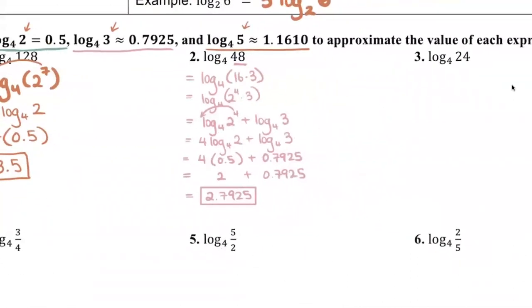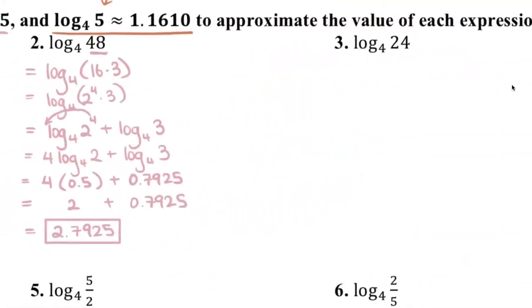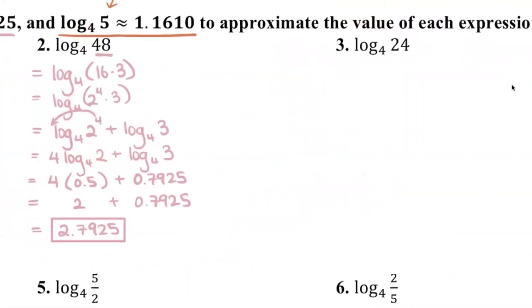Okay, let me go ahead and do number 3. All right, so number 3, I'm trying to get 24. All right, so I need to get 24 using the numbers 2, 3, and 5. I don't think 5 is going to help. Oh, well, 8 times 3 gets me 24. And 8 is 2 to the 3rd.